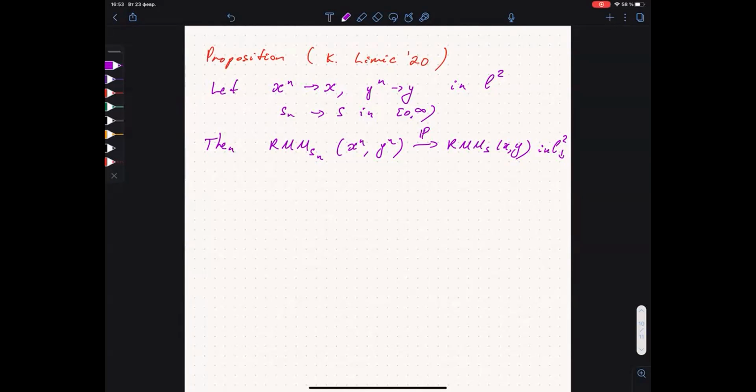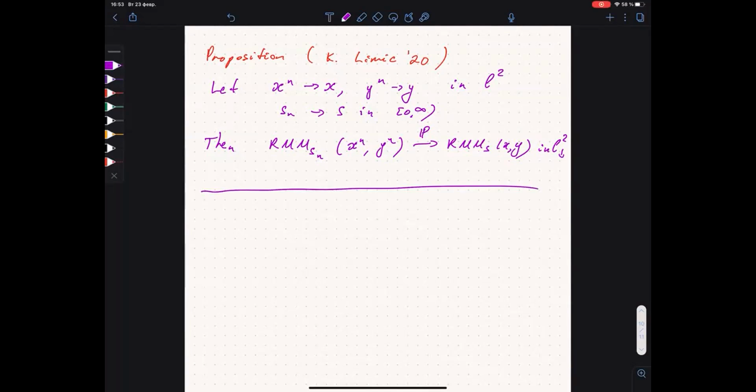The first step of the proof of that statement is actually trivial when you have a sequence x_n of the form x1, x2, and so on up to x_m, and then you have zeros. I mean, after some fixed number m, which does not depend on n, you have all zeros.